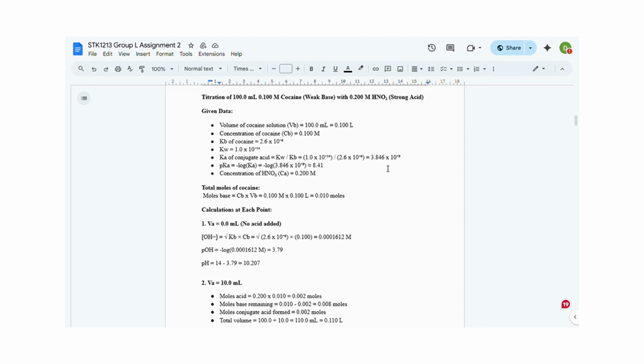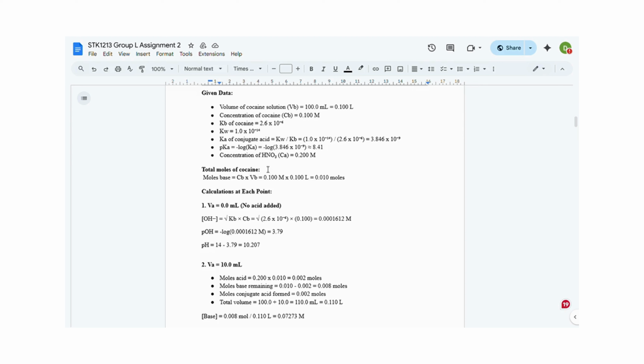So we get 3.846 times 10 to the power of -9. So from here we can find the pH for the conjugate acid, which is negative log of 3.846 times 10 to the power of -9, and we get 8.41.